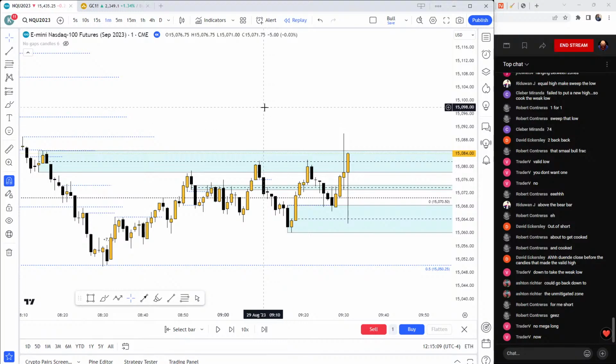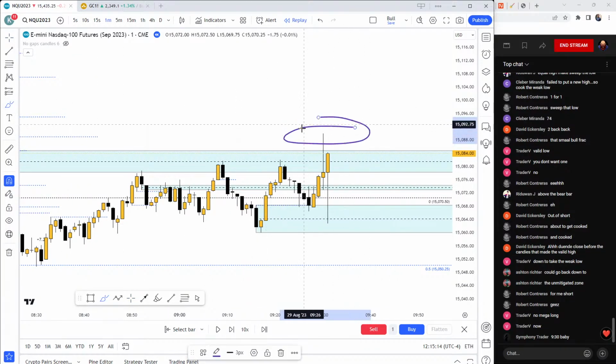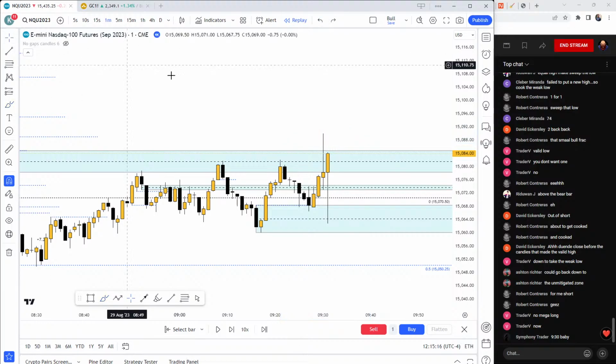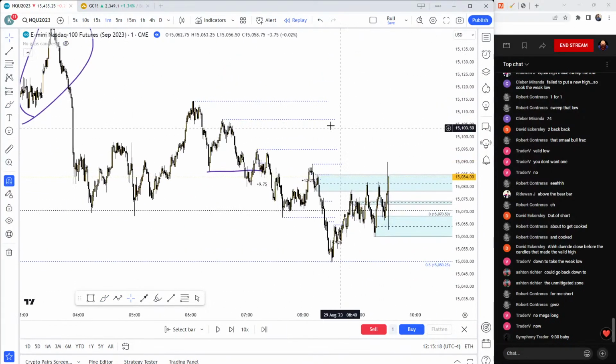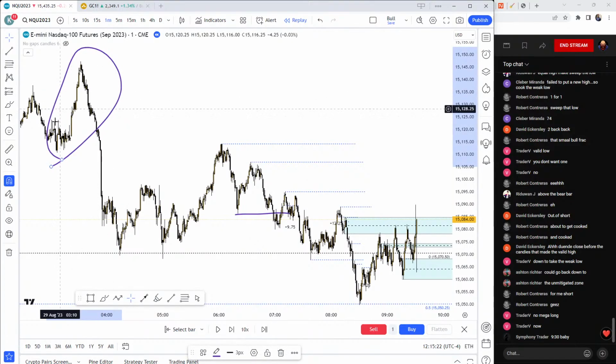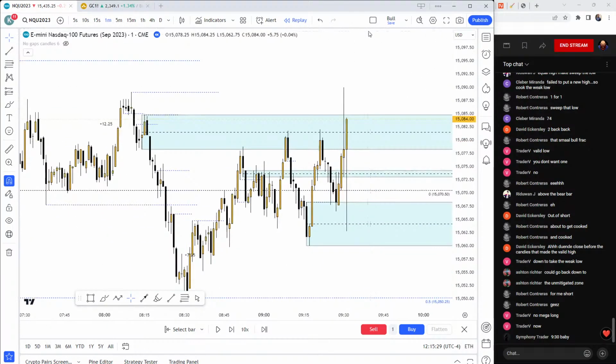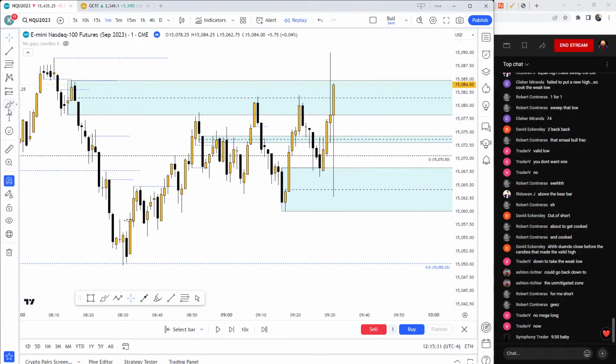Right? But if we trade above here, we are gone. At a minimum to this area. At a minimum. Right? Because the market's now tapped back into where?